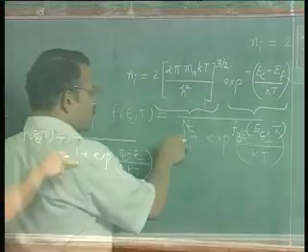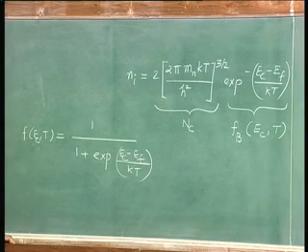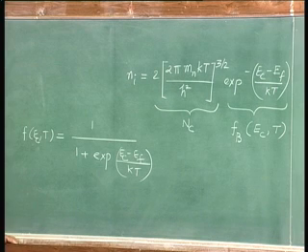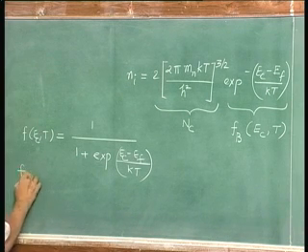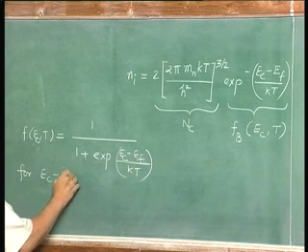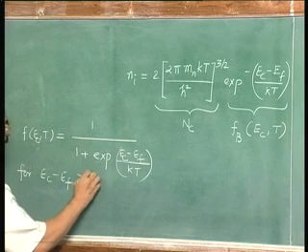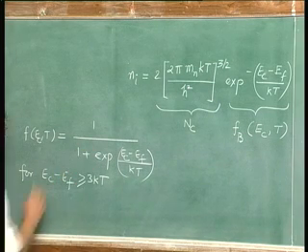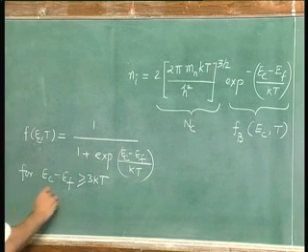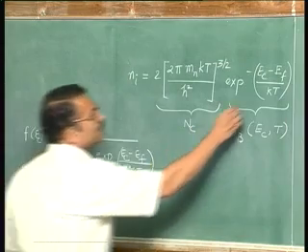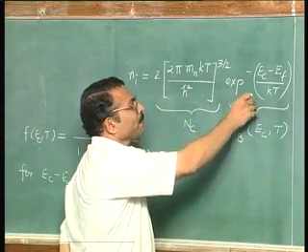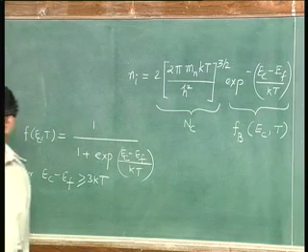Now if you were to take the Boltzmann approximation to this function, assuming Ec minus Ef is more than 3 times kT, so for Ec minus Ef more than or equal to 3 times kT, the above function is approximated as this function, because the one can be neglected.